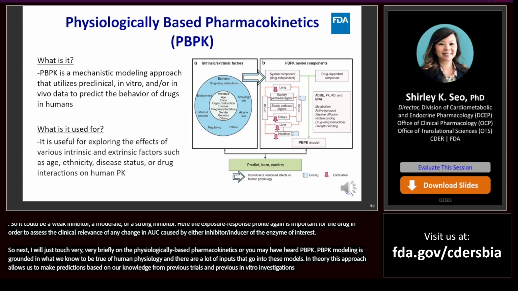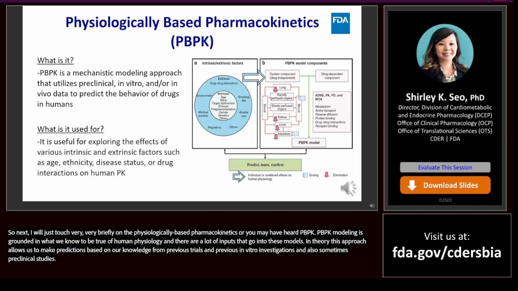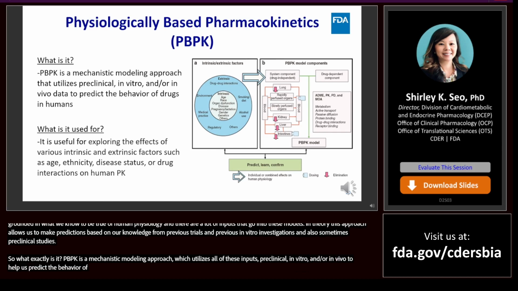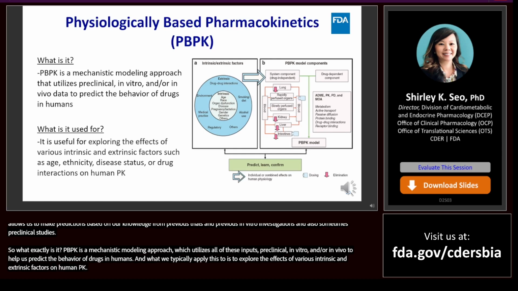So what exactly is it? PBPK is a mechanistic modeling approach which utilizes all of these inputs, preclinical, in vitro, in vivo data, to help us predict the behavior of drugs in humans. And what we typically apply this to is to explore the effects of various intrinsic and extrinsic factors on human PK.